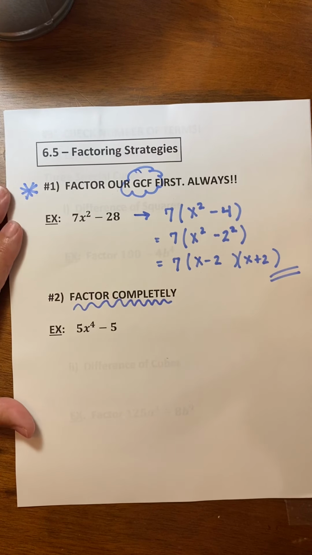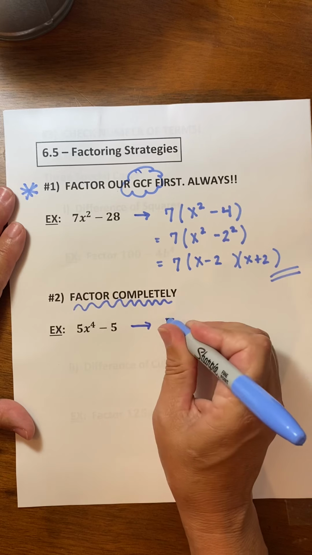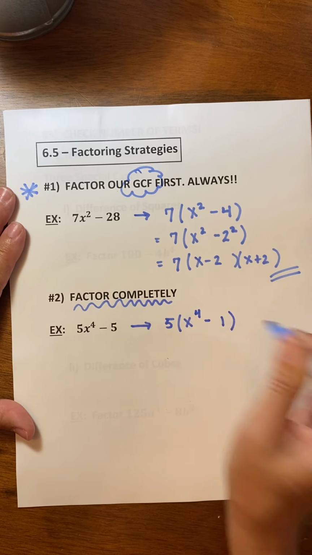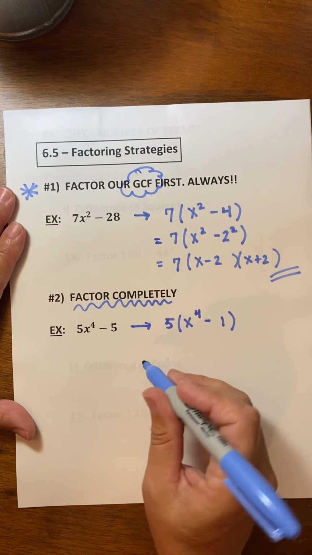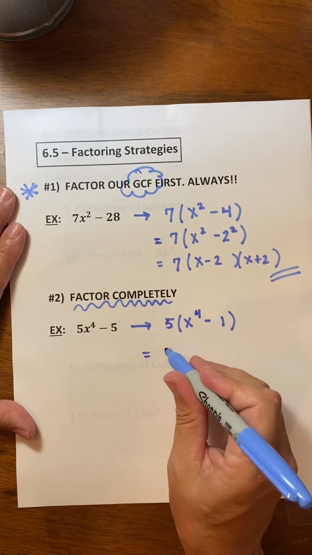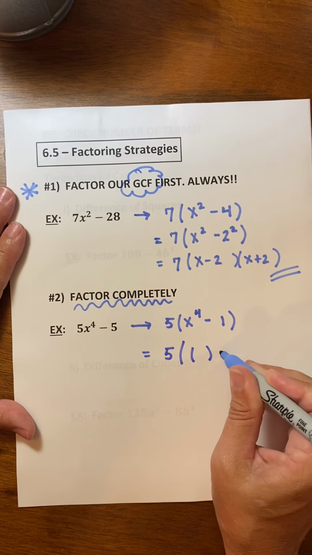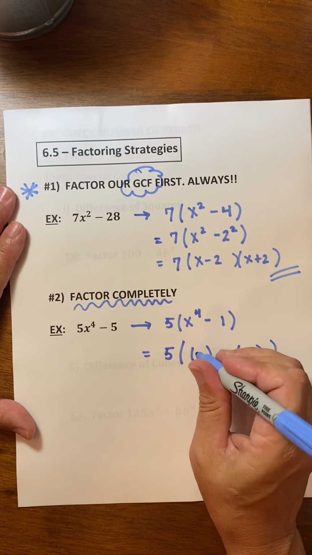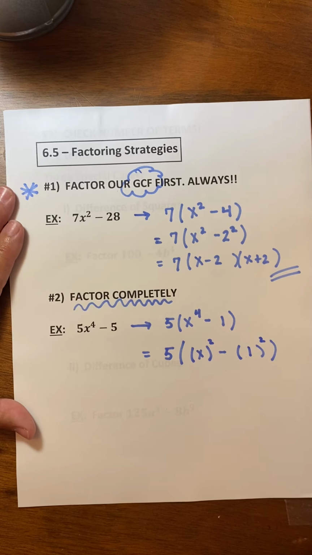So let's look at this guy. This one's a little tricky. We're going to first factor out the greatest common factor of 5. We get x to the 4th minus 1. Now, if we look carefully, this in fact is the difference of squares in the parentheses, because x to the 4th is really just x squared squared, and 1 is just 1 squared.